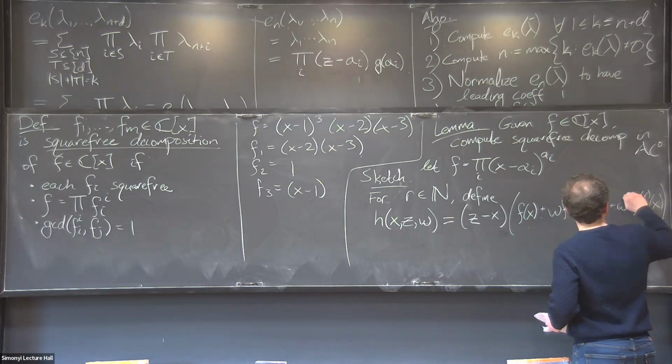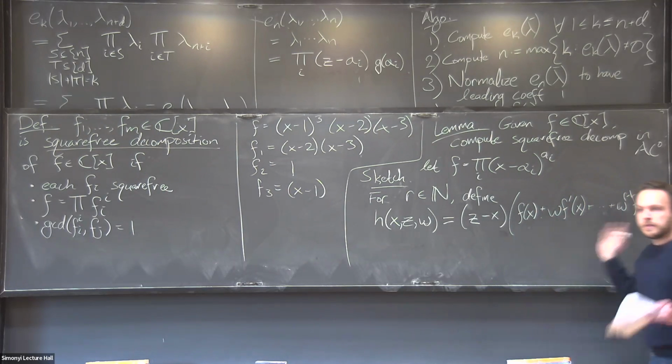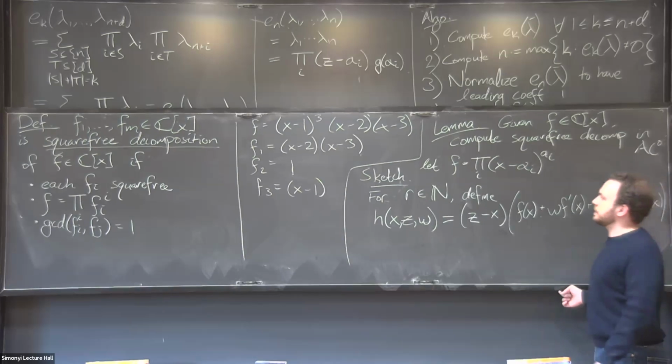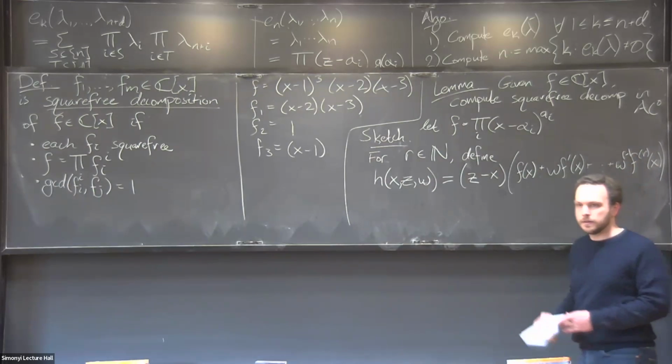So we add some extra coefficients, some powers of w. Now, if I evaluate at some alpha_i, how would this factor be 0 exactly when all the derivatives of f are 0? As a polynomial in w. As a polynomial in w, yes. And the point is that this will suppress high multiplicity factors of f.